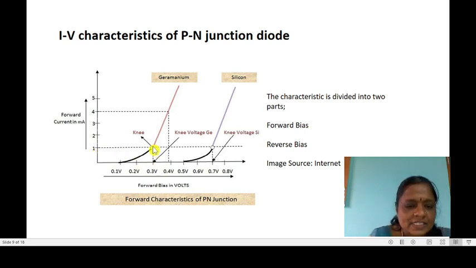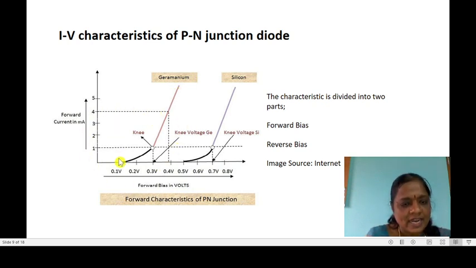But when it reaches 0.3 and you increase from 0.3 to 0.4, there is a sudden rise in the current. That means after 0.3 volts, the diode starts conducting, and you get more current. Within only 0.1 volts, you get 5 or more milliamperes.